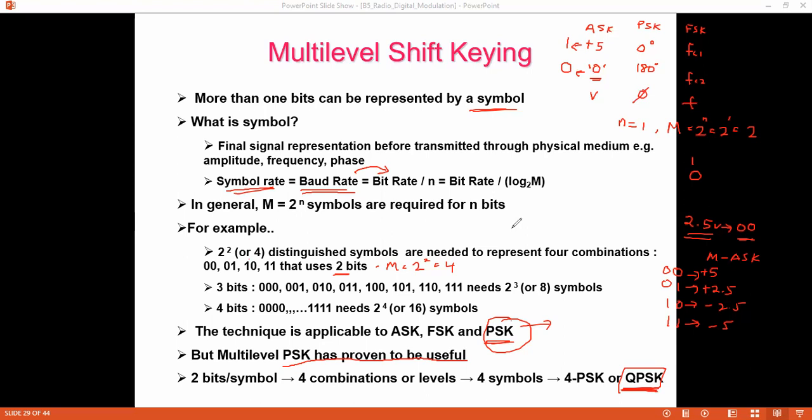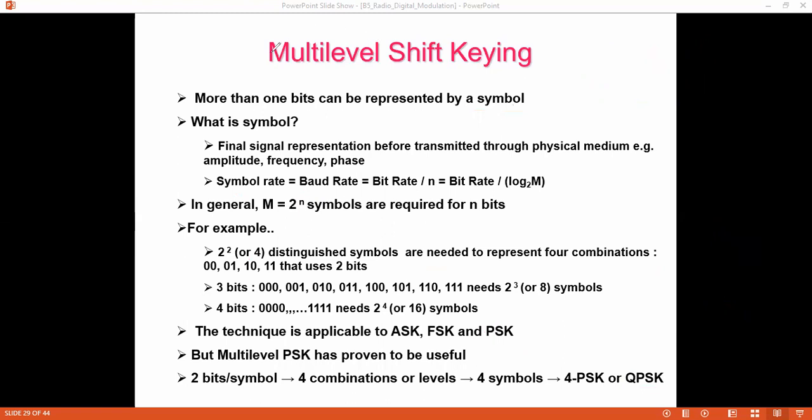One of the key technologies that enables this is the use of multi-level shifting techniques. These new networks can use up to 64, 128, and so on, in terms of number of symbols to represent the high number of bits. But for our class, we look at the basic one, which is QPSK, and hopefully this can become a good foundation for you to understand more advanced multi-level shifting techniques in the future.